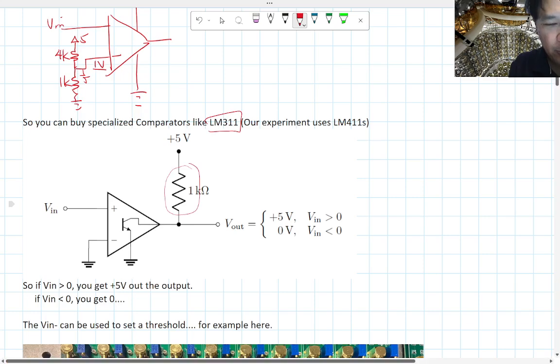There's this pull-up resistor because it actually does an inversion. So you want this to be pulled up when Vin is bigger than 0. Or whatever, you can set this to whatever you want. It doesn't have to be 0. And then the output is 0 if Vin is negative in this case. Instead of putting ground here, you can set up a voltage divider to set this voltage to whatever you want.